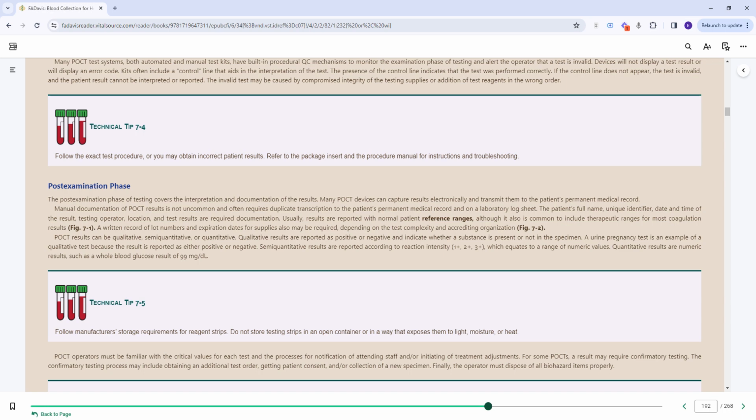So qualitative are going to be positive or negative. And that just tells you, is the substance, chemical, whatever's being tested for, present or not present? So common things that we'll see that's qualitative would be a pregnancy test. Urine is put onto the pregnancy test. It's qualitative because it's either going to report positive or negative.